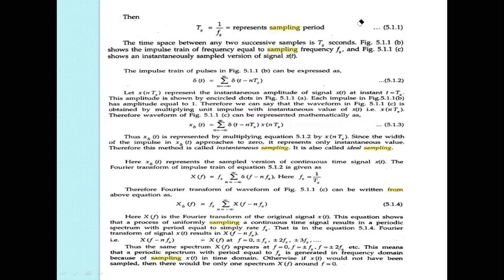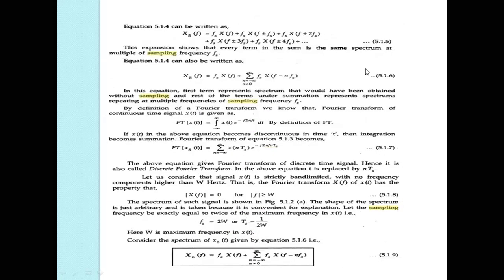Next thing, x delta of f is equal to fs times X of f plus or minus fs, and so on, expanding the function. So finally, we are writing the same thing: fs times X of f plus the sum for n equal to 1 to infinity, and n not equal to 0.